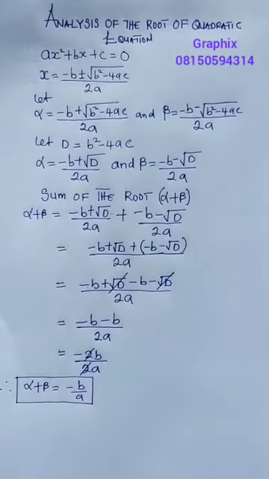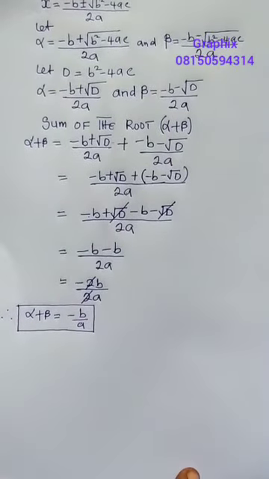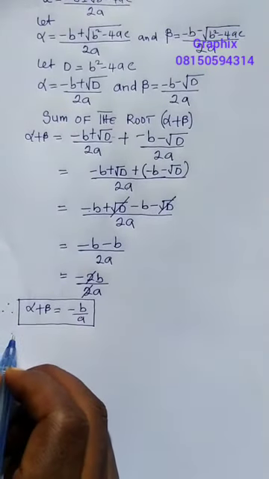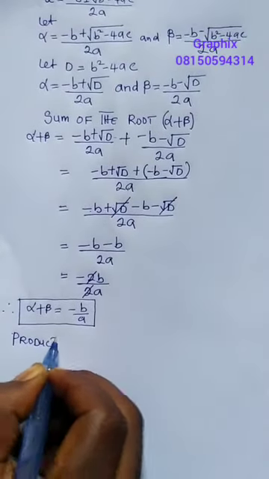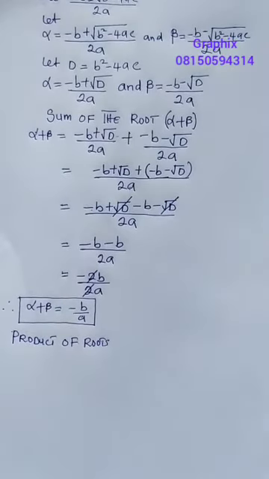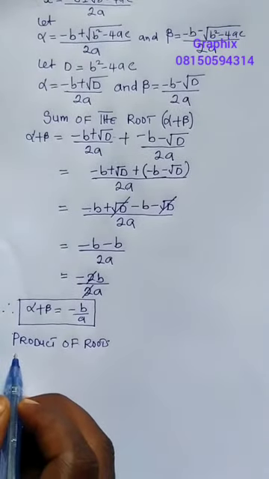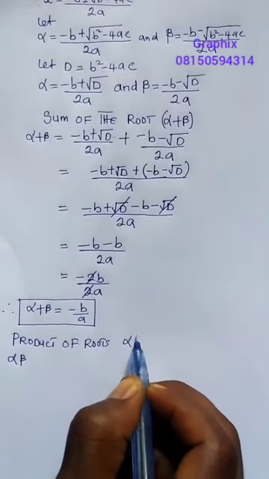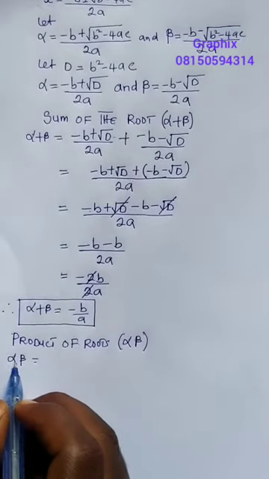Is that okay? Now we'll move to the next category, which is the product of the roots, where you multiply the roots together. So for the product of roots, we have alpha and beta, when alpha is multiplying beta. What is my alpha?